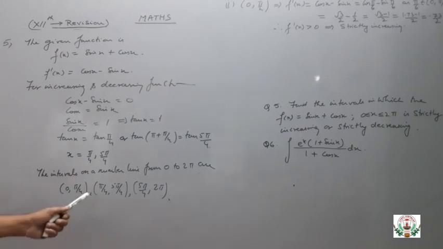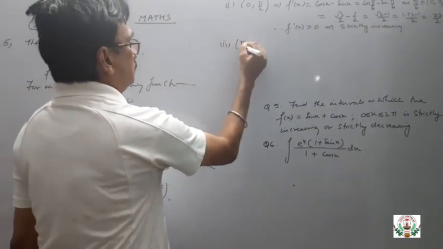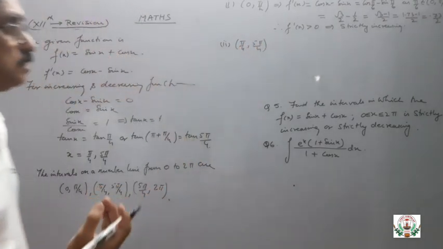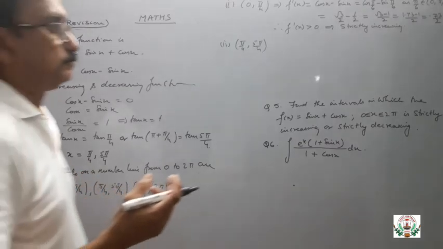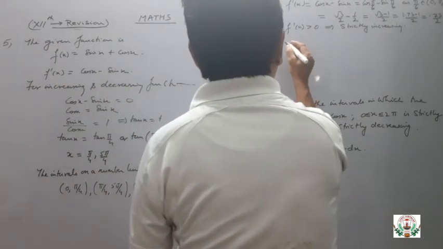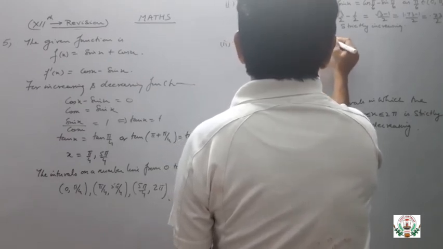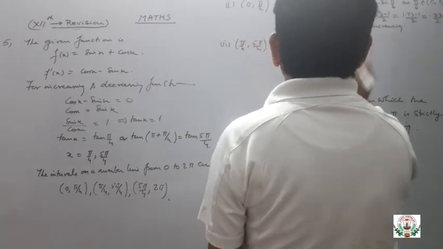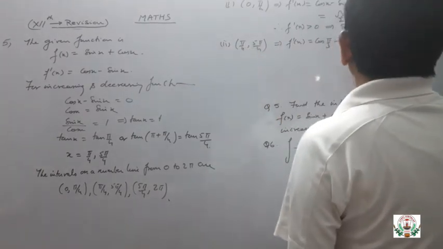In the same way we can check for pi by 4 to 5 pi by 4, which means 45 degrees to 225 degrees. Here I am going to check f dash x at pi by 3, which is 60 degrees, since pi by 4 is 45. So cos pi by 3 minus sin pi by 3.